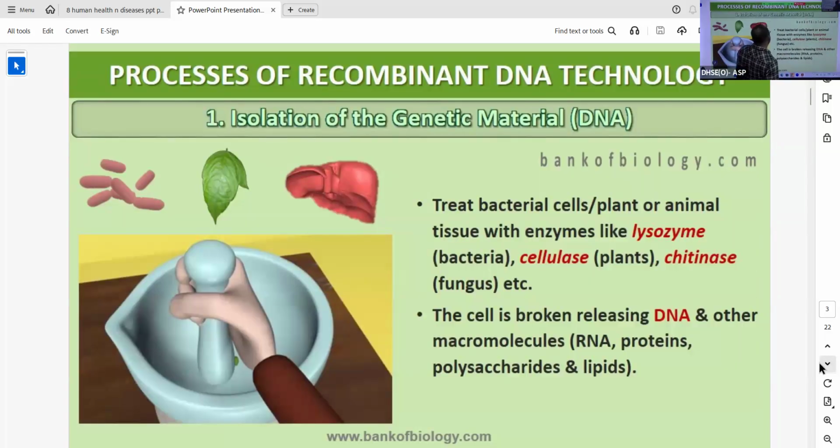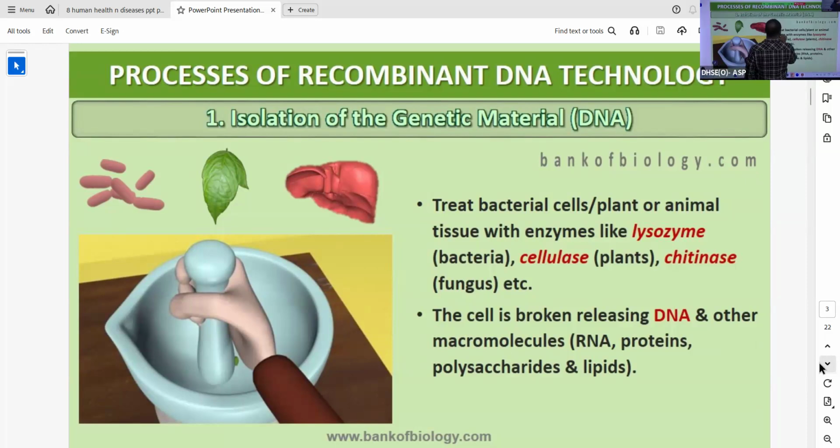Then let us see how this isolation of the genetic material is done. Basically, all those substances which we can easily find around us are used.